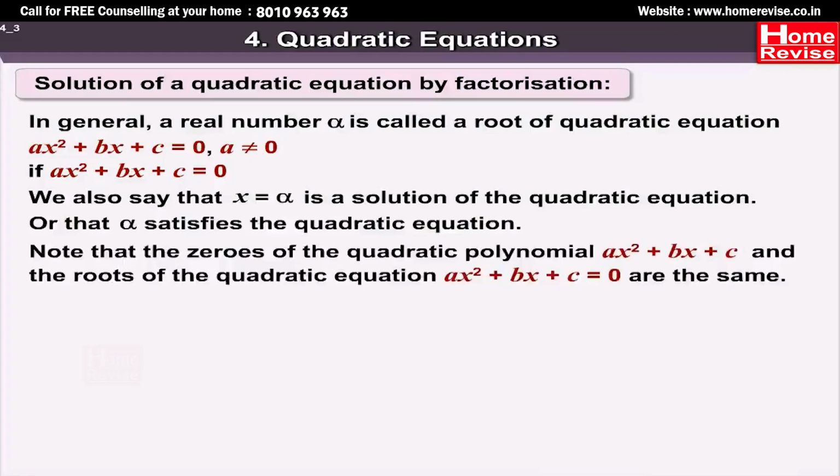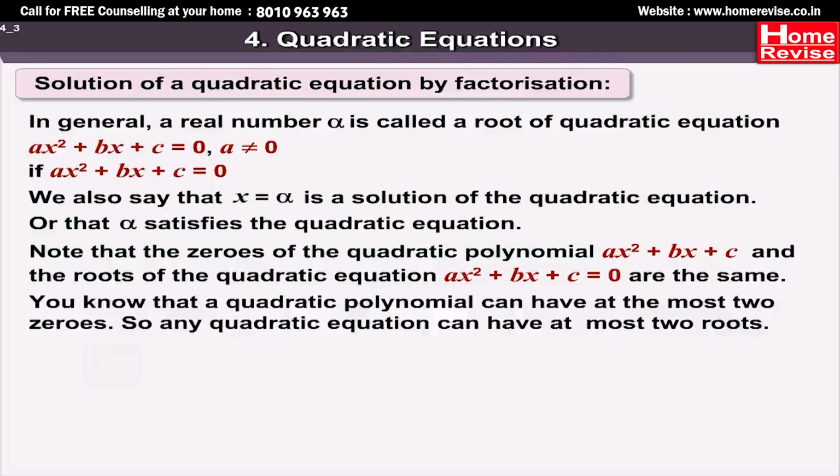Note that the zeros of the quadratic polynomial ax squared plus bx plus c and the roots of the quadratic equation ax squared plus bx plus c is equal to 0 are the same. You know that a quadratic polynomial can have at the most two zeros.